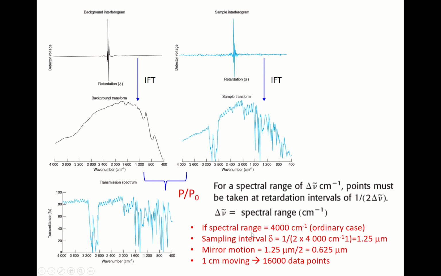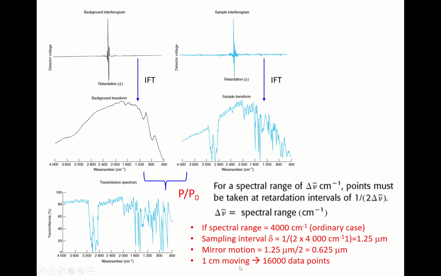If the spectral range is 4,000 wave number down to zero, which is the ordinary case for infrared spectroscopy, the sampling interval delta, which is the retardation, is 1.25 micrometer, and the mirror motion is one half of this retardation, which is 0.625 micrometer.